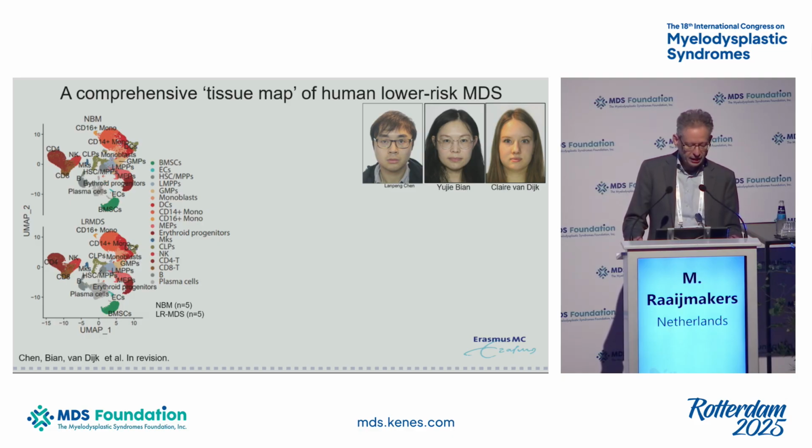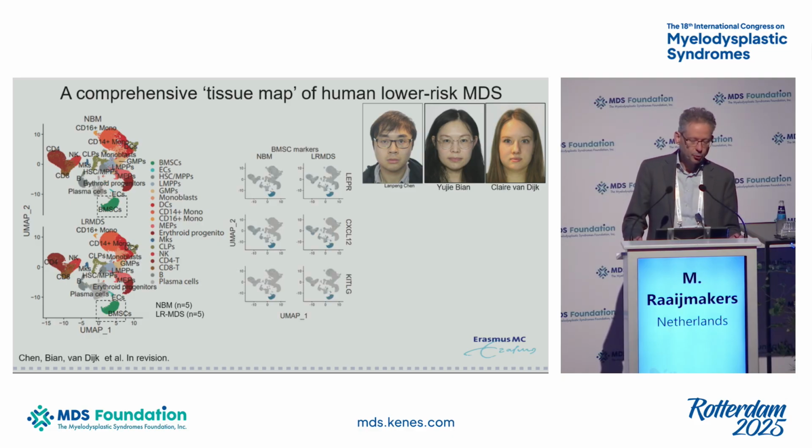And what you can appreciate is that using this approach, there is a robust representation of stromal cells in these taxonomies. Typically, they are rare in our aspirates, but with this pipeline, we have robust representation in these taxonomies. And they are characterized by specific markers like the leptin receptor, CXCL12, and KIT ligand.